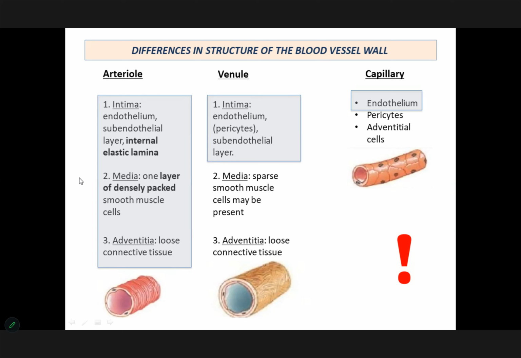It always has three well-developed layers: intima, media, and adventitia. Intima contains endothelium, subendothelial layer, and always internal elastic lamina. Media contains one layer of densely packed smooth muscle cells, circularly located. Adventitia, as always, contains loose connective tissue.